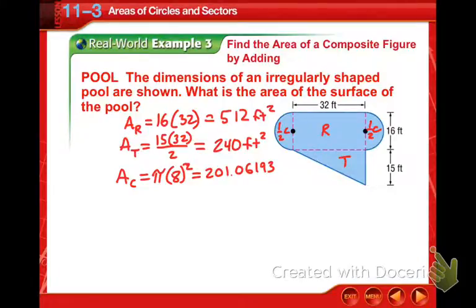I didn't round at all, just gave you what my calculator told me. And now we just need to add. So the total area is equal to all these added together, which comes out to be 953.06 feet squared.